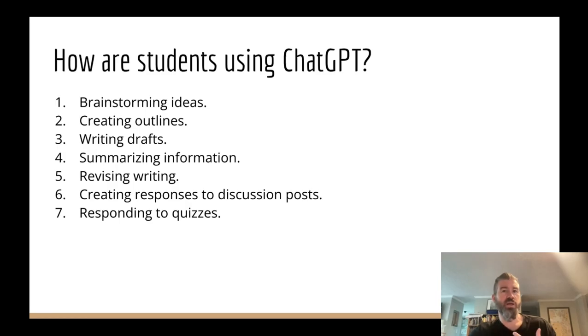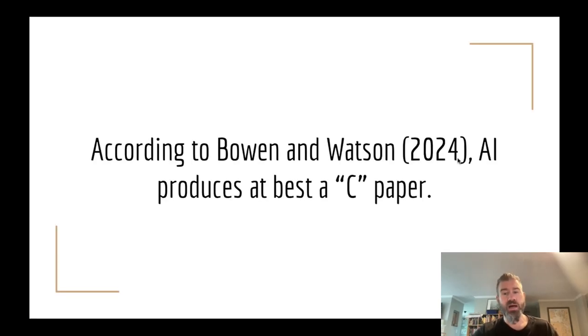So one of the books I read called Teaching with AI is a very rosy sort of depiction of how we can use AI. So it's a very positive book on incorporating AI into the classroom. But they even say that AI at best produces a C paper. And I'd say that that's pretty accurate with what I've seen.